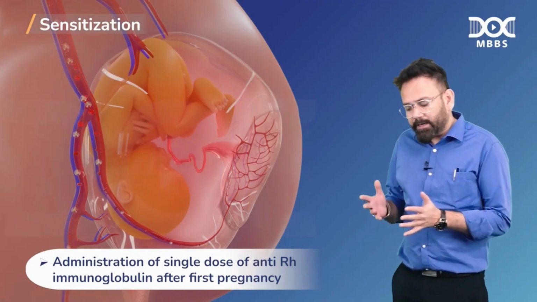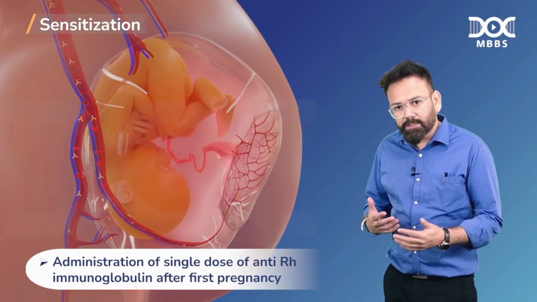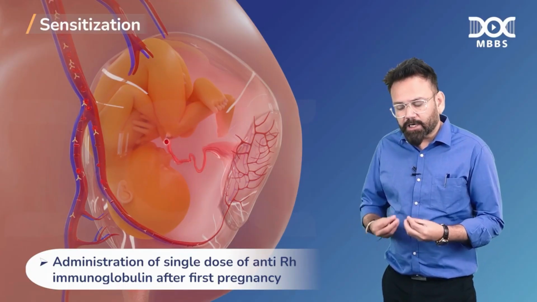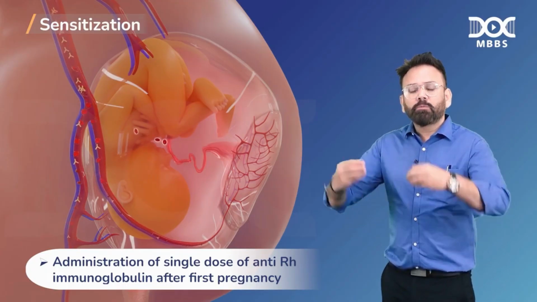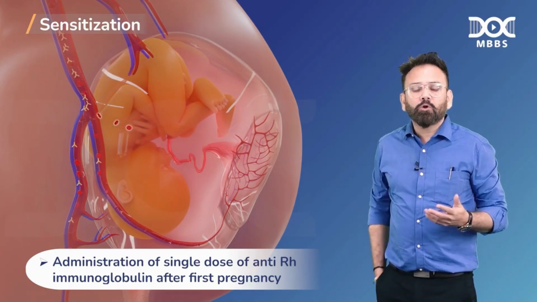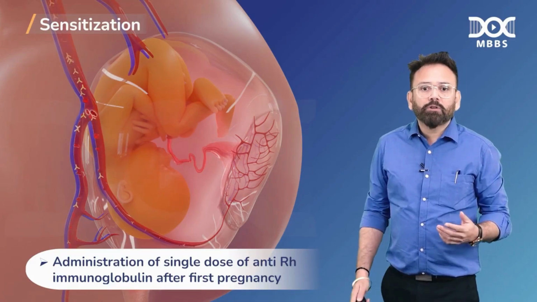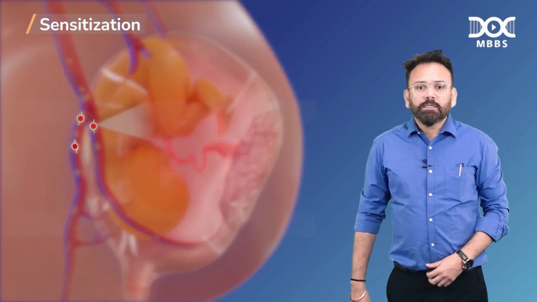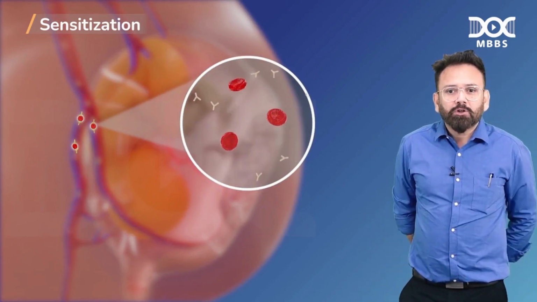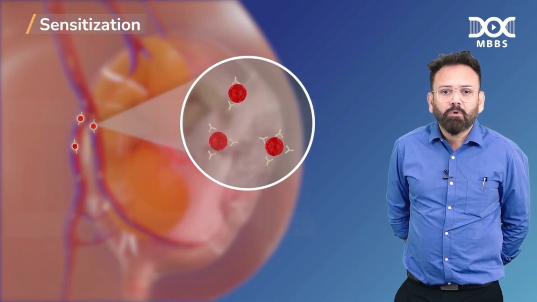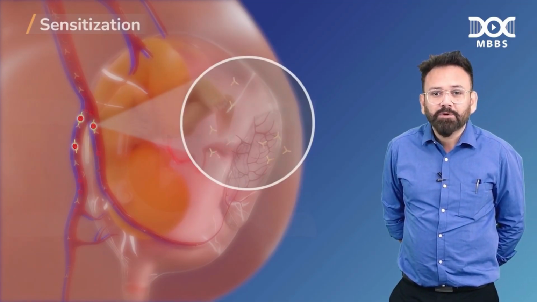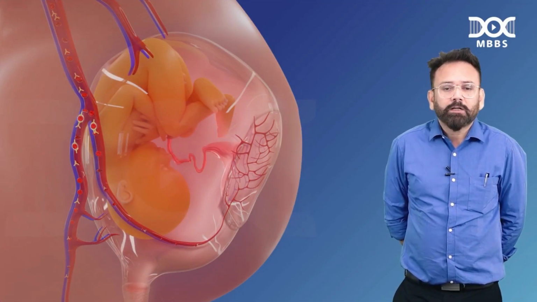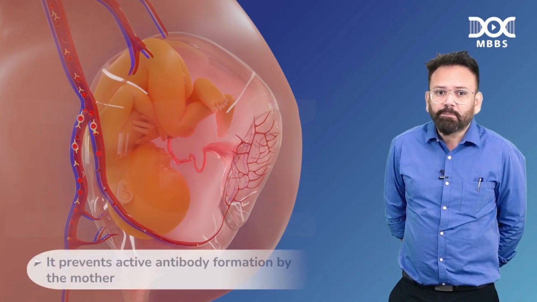After the first pregnancy, there can be mixing of the blood, and the mother's blood will start forming antibody. So, before that, give a single dose of anti-Rh antibody so that this sensitization can be prevented. Such passive immunization does not harm the mother and has been demonstrated to prevent active antibody formation by the mother. It is not that it will form more antibody, it can prevent it.